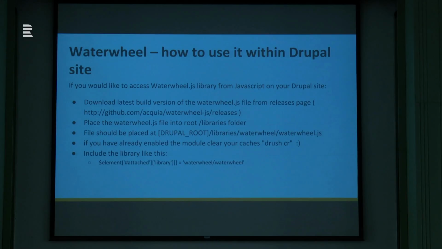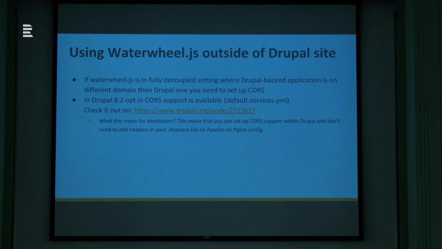For using it outside, for example on Node.js, you first need to enable CORS. So what's this? CORS is cross-origin resource sharing, and if you are requesting something from an outside domain, you'll get blocked, for example for Ajax calls, because you'll get that CORS is not set.